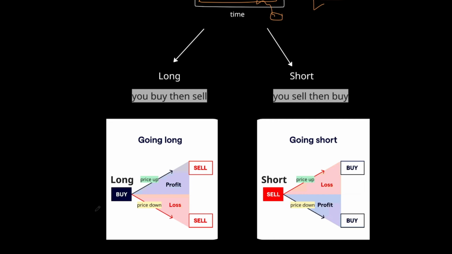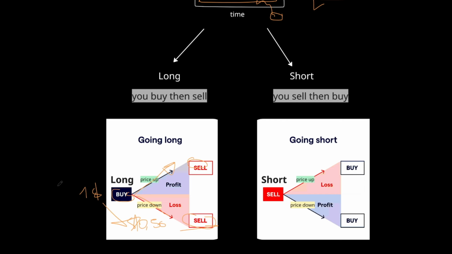So you buy here long. If price goes up, you are in profit because you sell at a profit. If price goes down, you are at a loss, because you bought your eggs for $1, for example, and now it's just 50 cents, meaning you are losing.